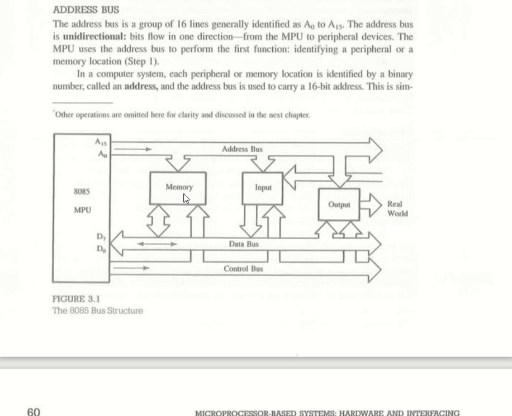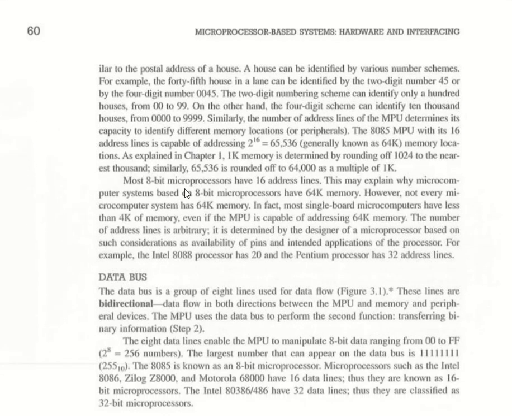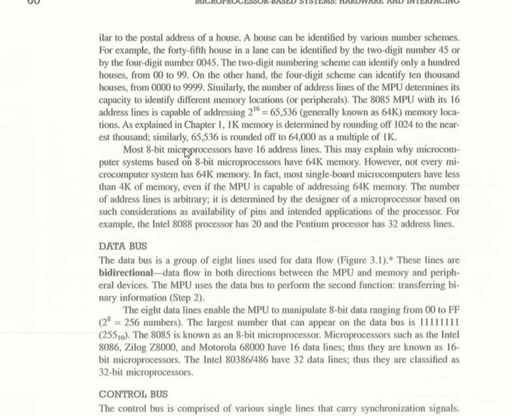And considering that we have 16 bits, we have a very vast number of possible memory locations that we can identify. That's what they have written, if you want to see. So the number of address lines in microprocessor unit determines its capacity to identify different memory locations on peripherals.